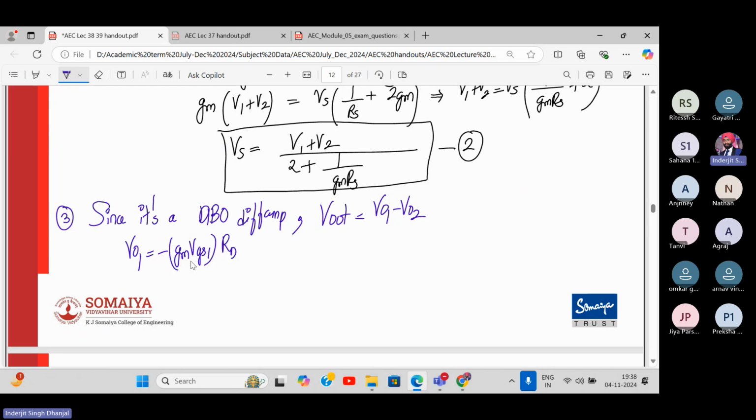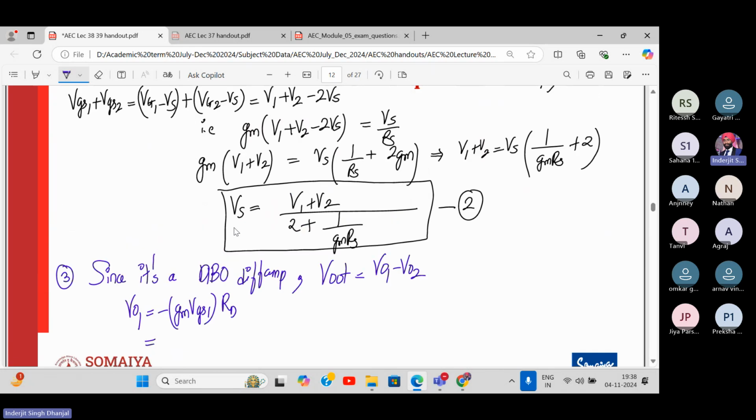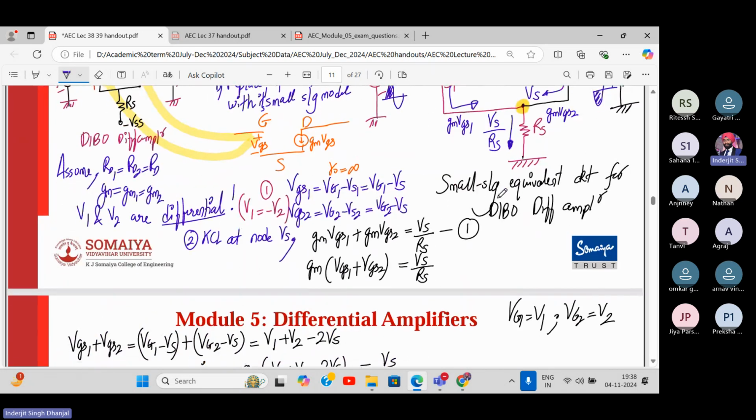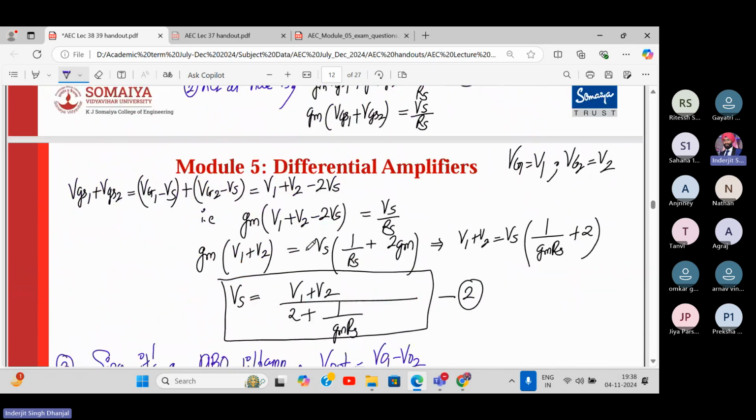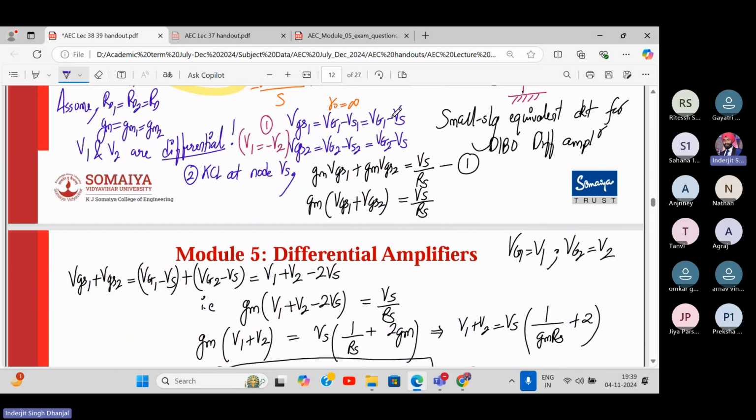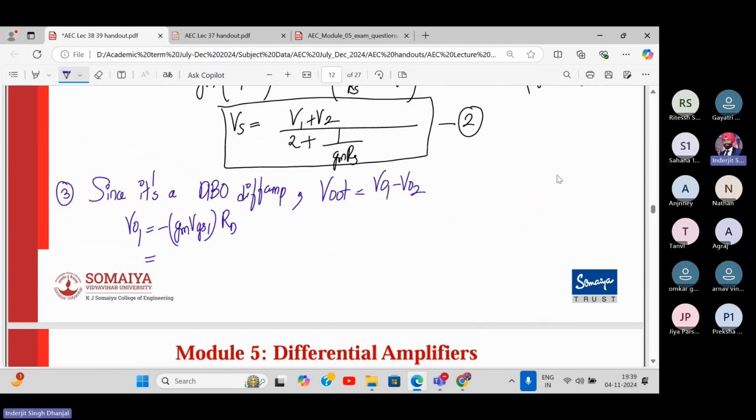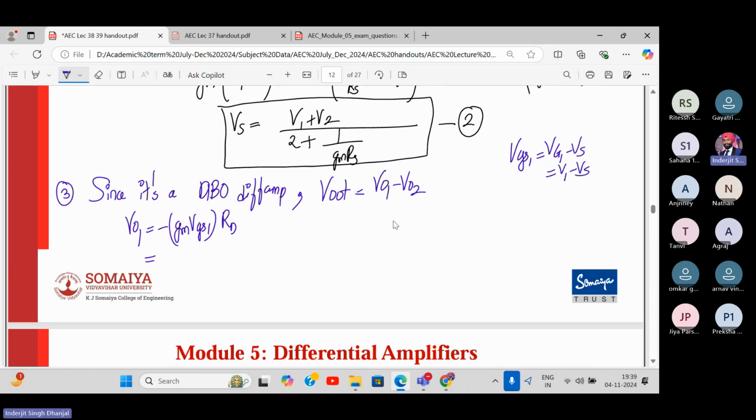What is VGS1? VG1 minus Vs, or we can write V1 minus Vs. So we can write minus of Gm into RD into V1 minus Vs. This is VO1.